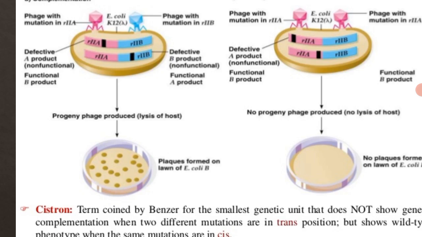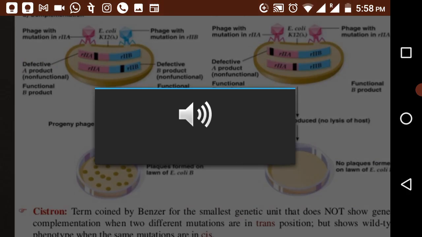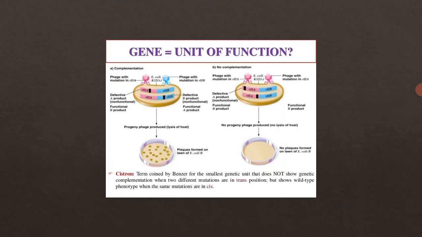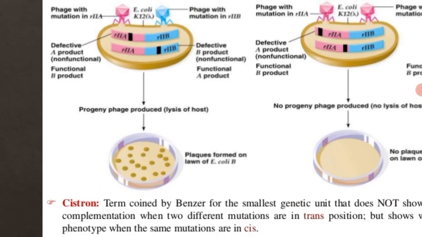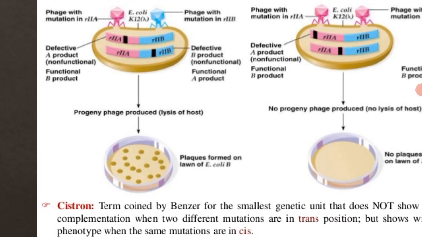Okay, therefore if we see plaques on a plate of the host, then we can say the complementation test is positive. The genes are complemented to each other. The mutations are not present on the same gene, they are present on different genes, right?